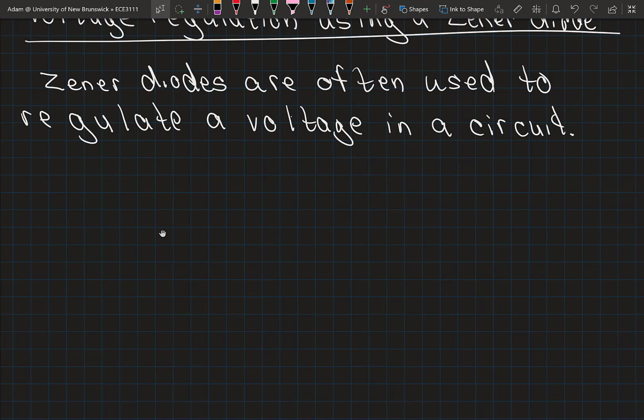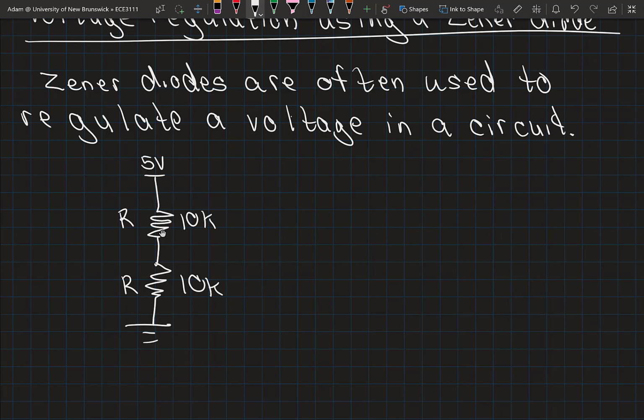So a little while ago we talked about a voltage divider, and if that voltage divider were built purely from resistors to generate a specific voltage, maybe 2.5 volts, that voltage divider is impacted by having a load on it.